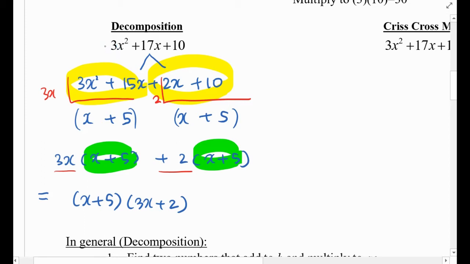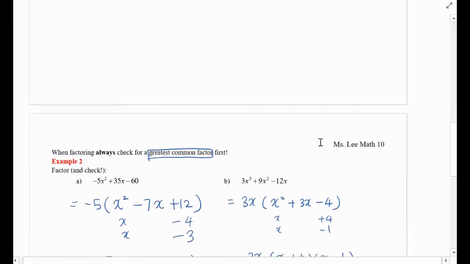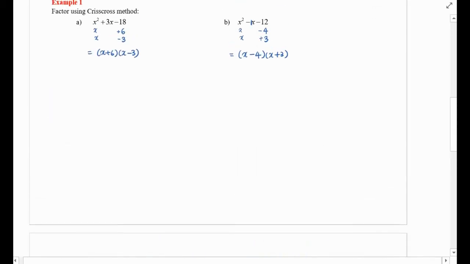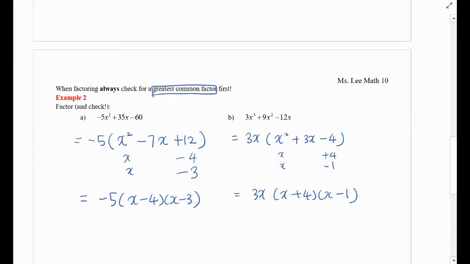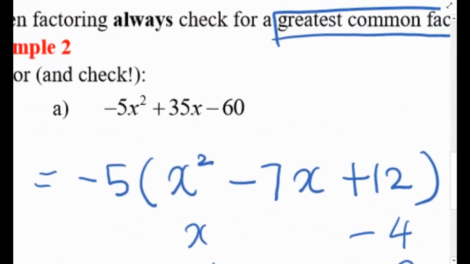We actually did a very similar trinomial last class. Do you guys remember that? We did this kind of question.